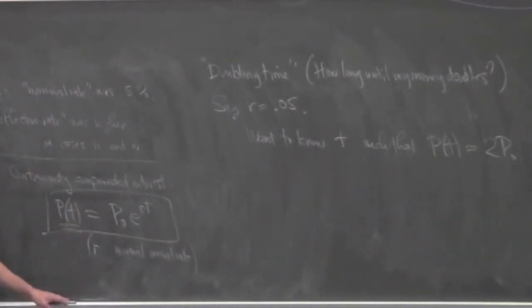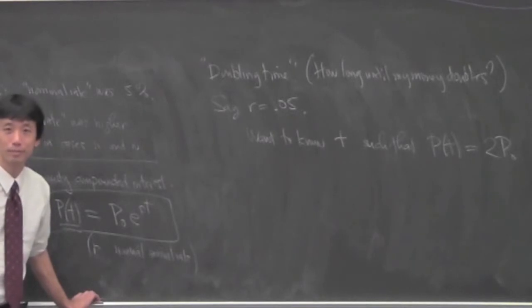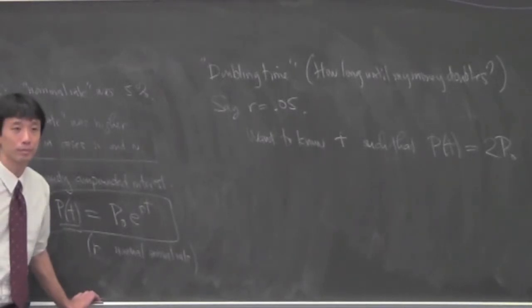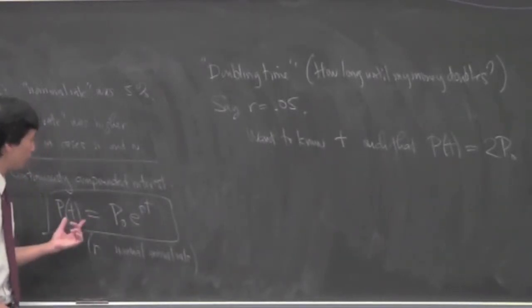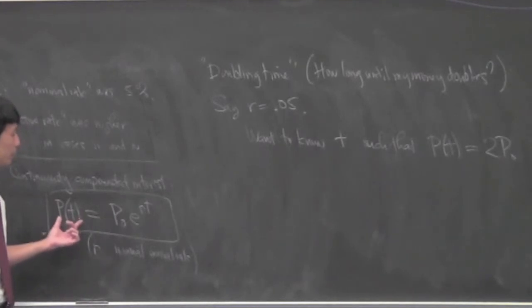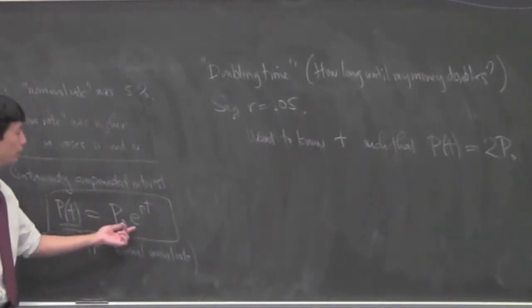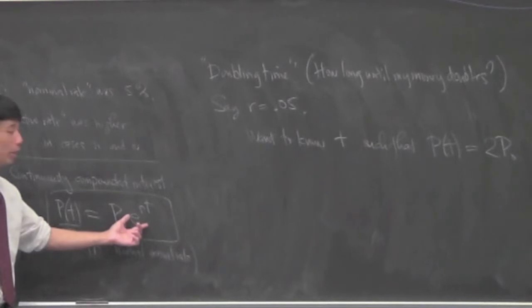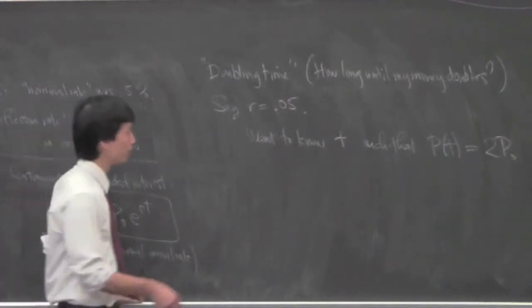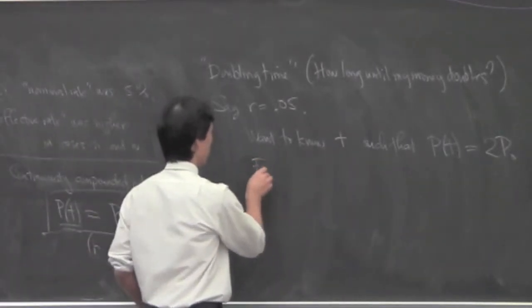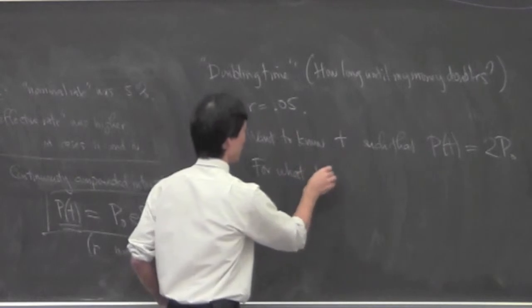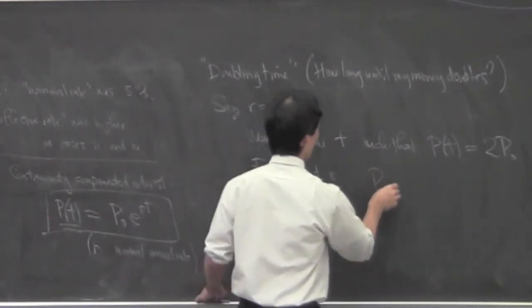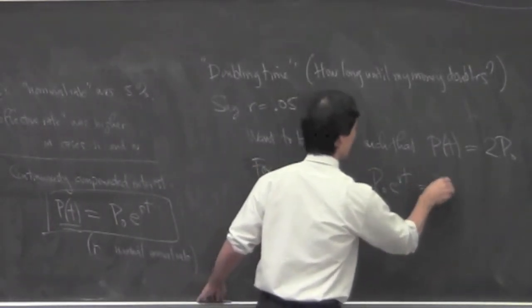So what do you do? You know that the amount of money you have at time t is P naught e to the RT, and you're wondering when does that equal 2P naught? Okay. For what t is P naught e to the RT equal to 2P naught?